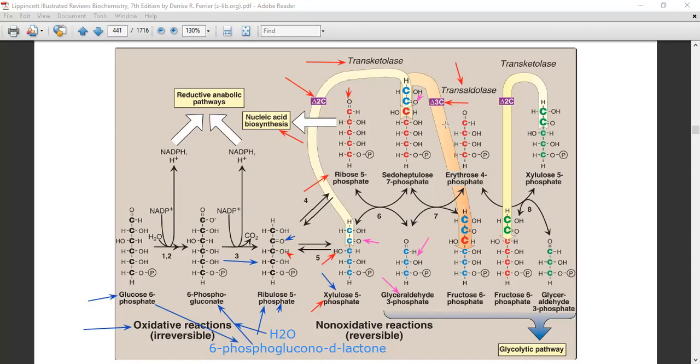You can see this reaction. Then after the transfer of 3 carbons, 7 minus 3, we remain with a 4 carbon compound, the erythrose 4-phosphate.